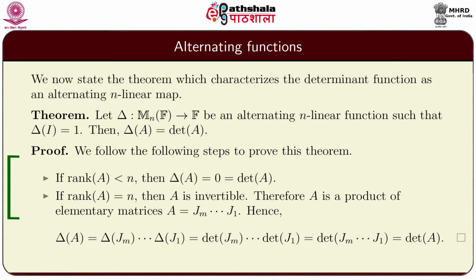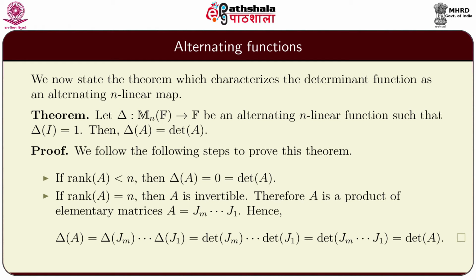And if rank of A is equal to n, then we know that A is invertible. Once again, we write it as a product of elementary matrices, say Jm, Jm minus 1 and so on up to J1.